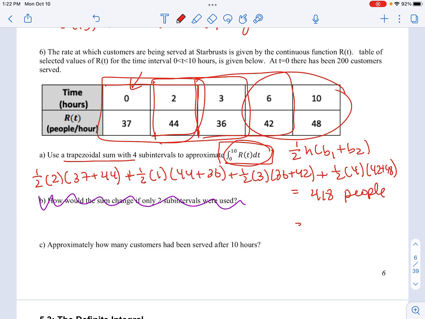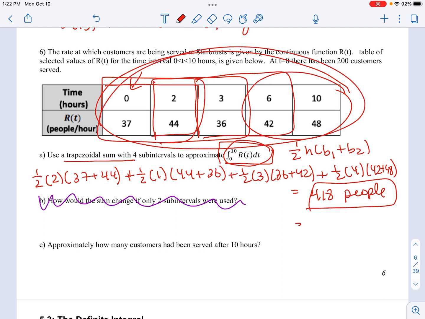Now look at the last question. It says, how many customers have been served after 10 hours? Okay, this 418 people are the number of customers who have been served from time 0 to time 10. But this said that there were 200 customers who had already been served before this had started. Remember, time 0 doesn't mean when it opens.